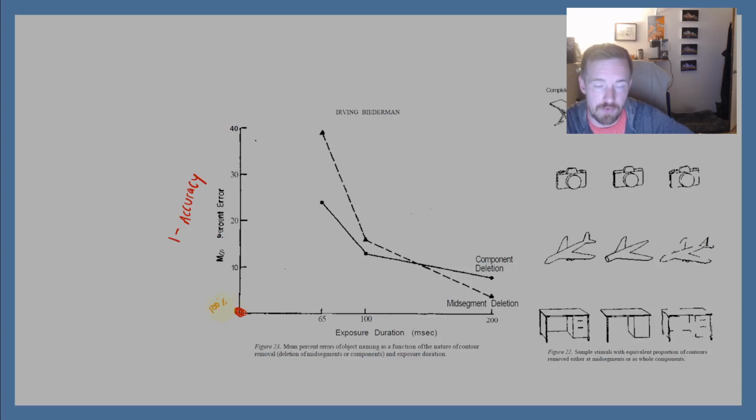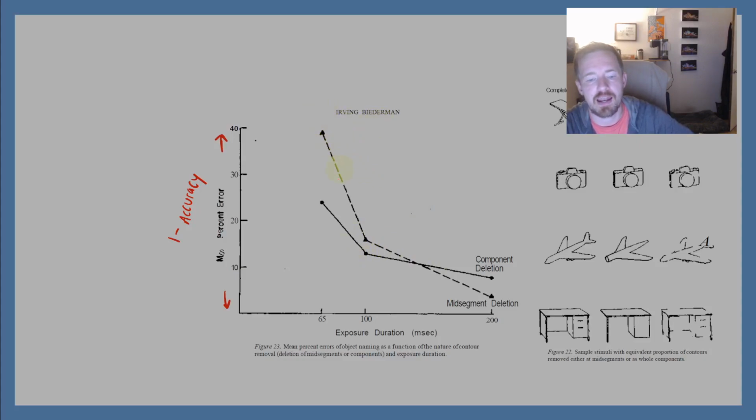It means you had no error whatsoever, which is good. So the lower the score is, the better. The higher the score is, the worse. So if you got a 40, that means that you missed it 40% of the time. Basically, the higher the score, the worse people are.